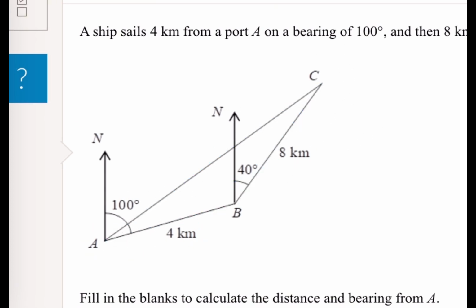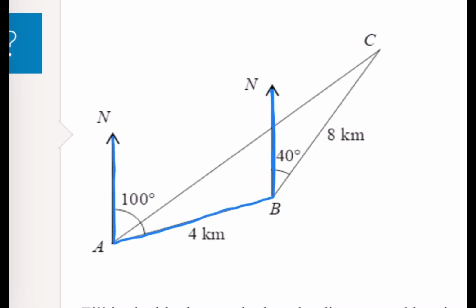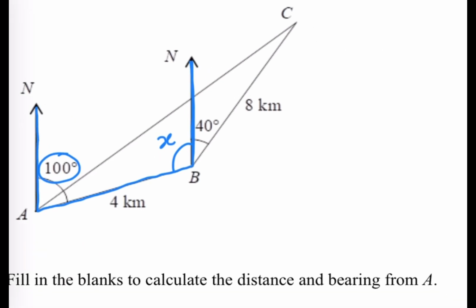Okay, so if you look here, you're gonna notice that this here is a C shape, and according to the co-interior angle theorem, this plus, we're gonna call this angle X, add up to 180. So that means that 100 plus our angle X is equal to 180, which means that X equals 80 degrees.